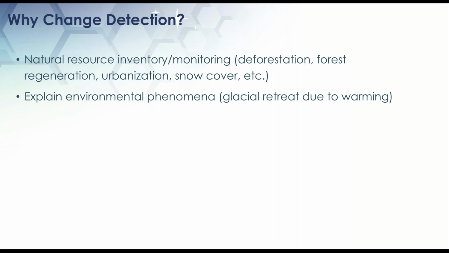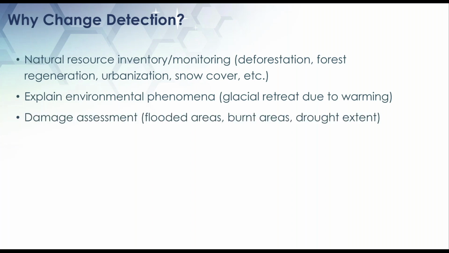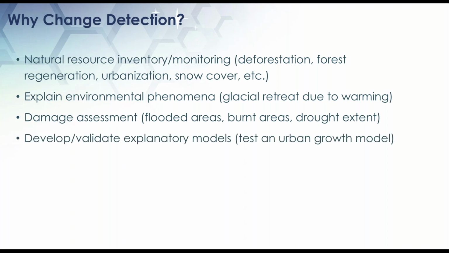To explain environmental phenomena like glacial retreat due to warming, to assess damage due to various disasters like floods, burnt areas, drought extent, etc. And finally, to develop or validate explanatory models, so for example, to test an urban growth model.